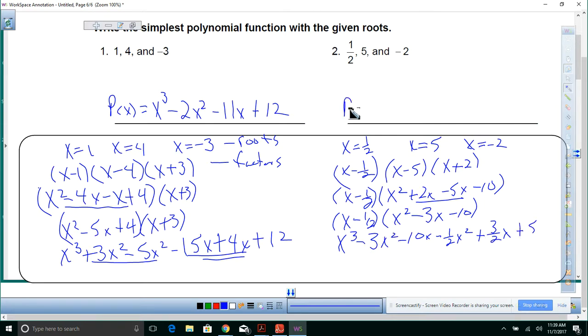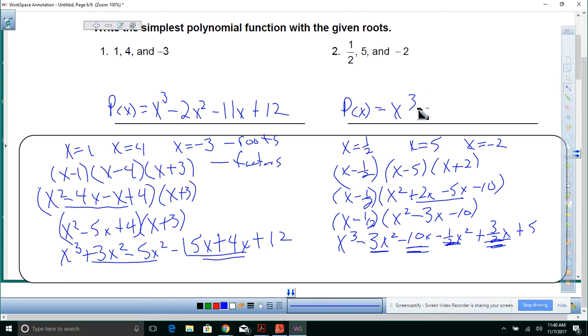So we're going to have p of x equals, I can combine this and this, and I can combine that and that. So x cubed, and I've got 3x squared minus 1/2, so that would be 6/2.